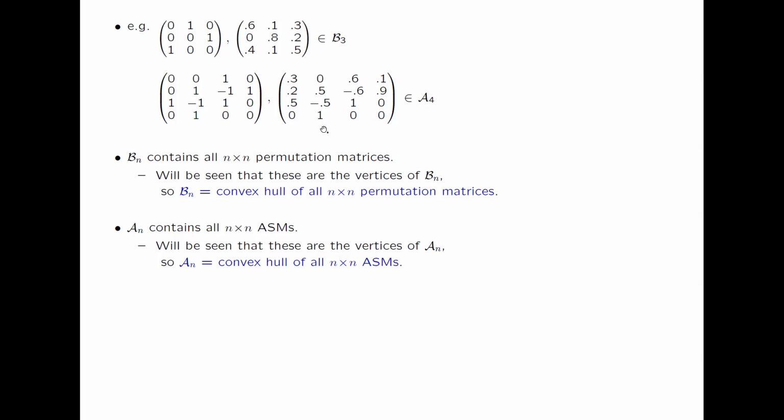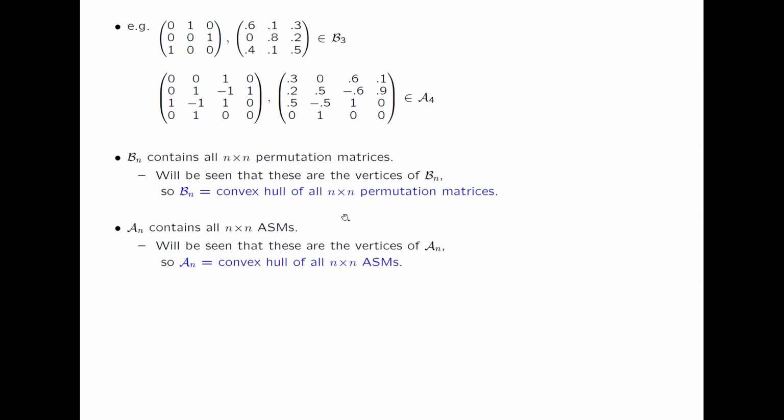So certainly B_n contains all the n by n permutation matrices, and what we'll see in the next section will be that these actually form the vertices of B_n, and therefore by the property that we saw right at the beginning, B_n is the convex hull of all these permutation matrices.